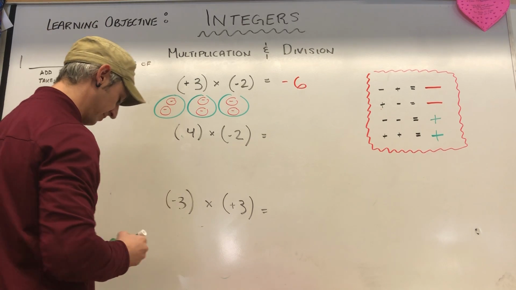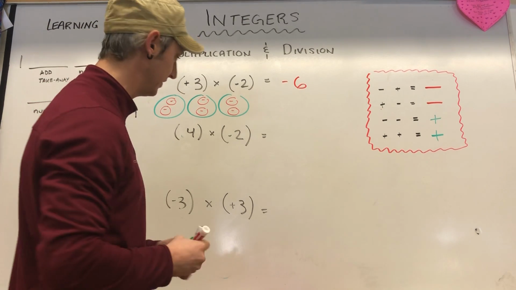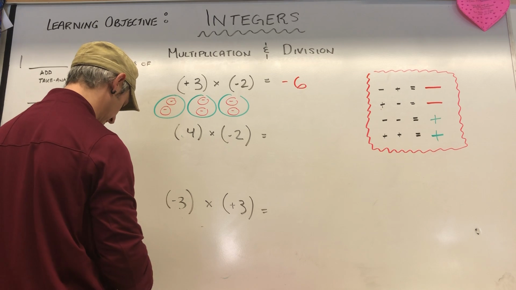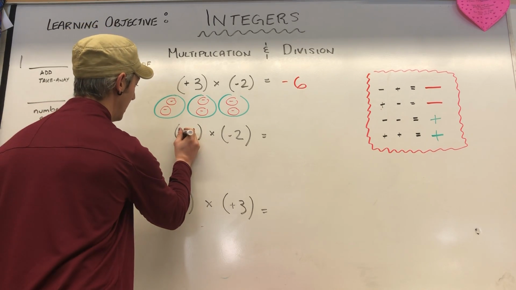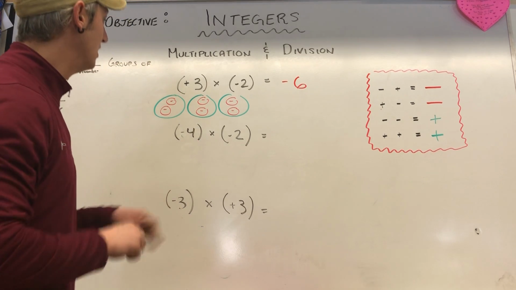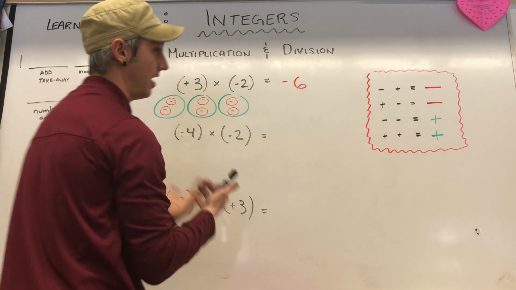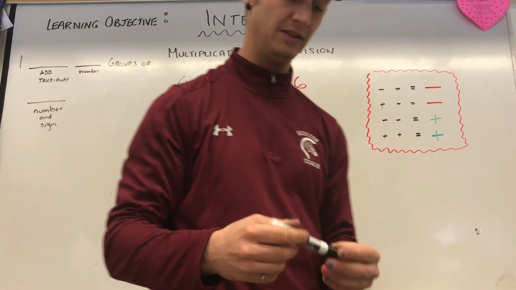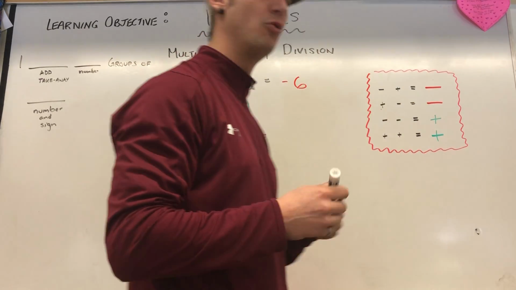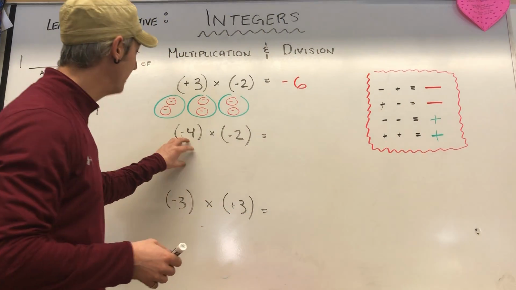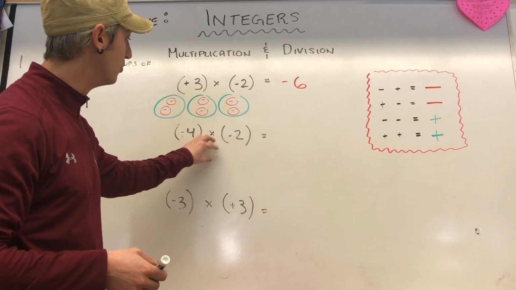I jumped complexity pretty quick here, but I think you guys can handle it. Let's do it. So I take away 4 groups of negative 2. Now I have nothing to take away from. So yeah, you guessed it, I'm going to have to use 0 pairs to take away from. Now it wants me to take away 4 groups of negative 2.